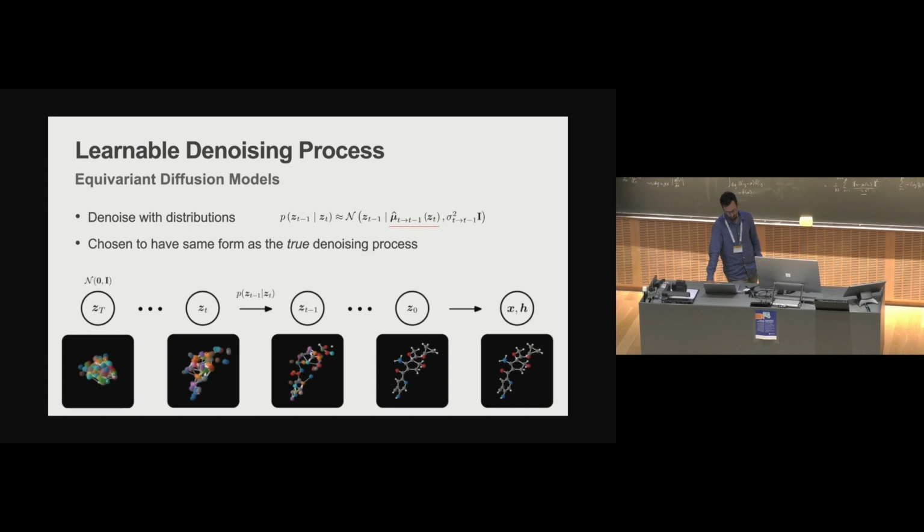For H, there are different works that diffuse on discrete data. When building this model, we also tried some options. I think it was called Argmax Flow. We map H at the beginning to a continuous space, and then we diffuse in that continuous space.